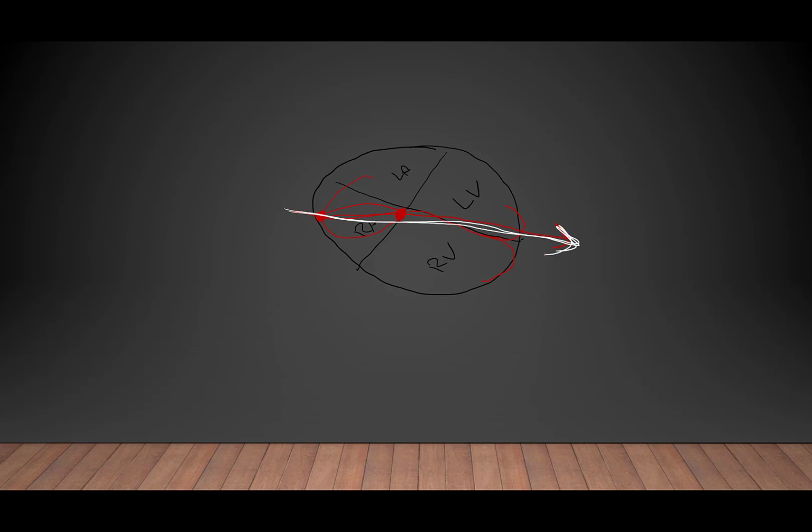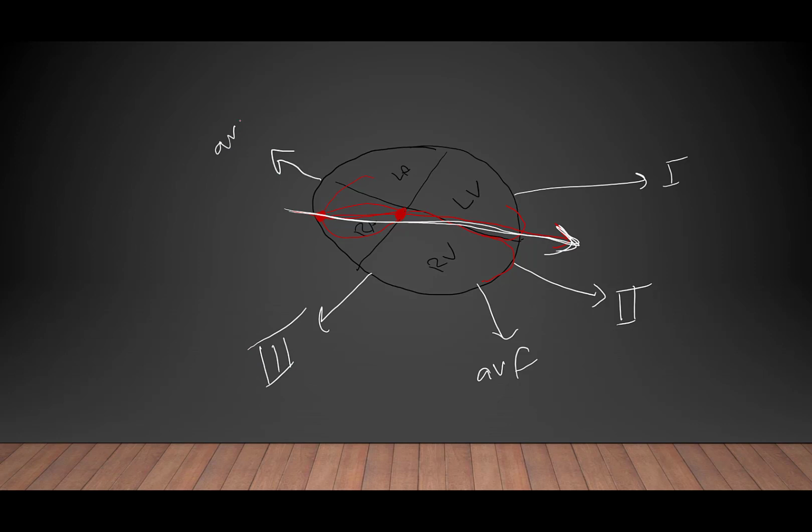of electrical impulse. Okay, so you know that here we have lead 1, lead 2, AVF, lead 3, AVR, and AVL.